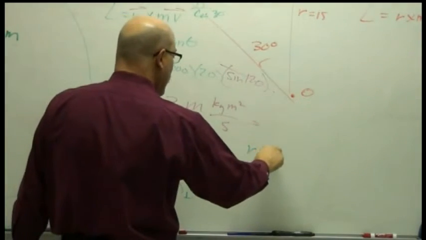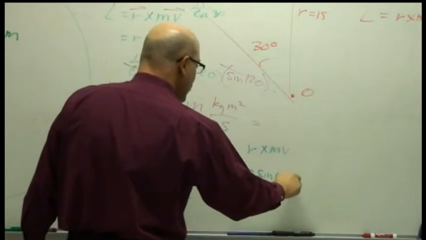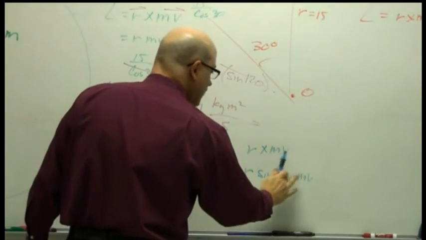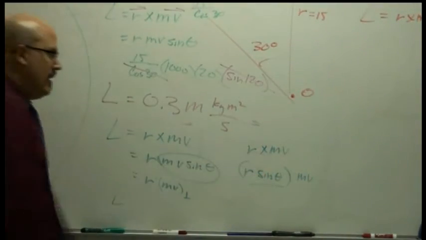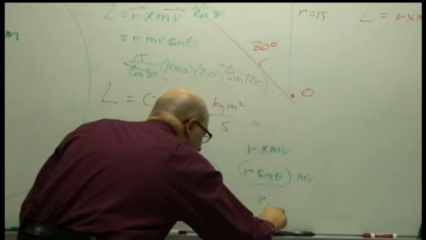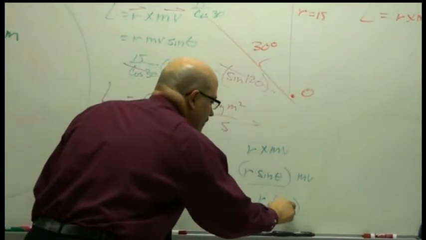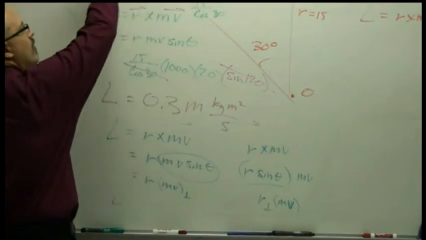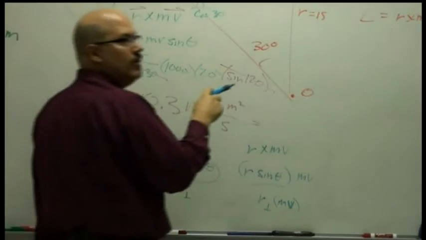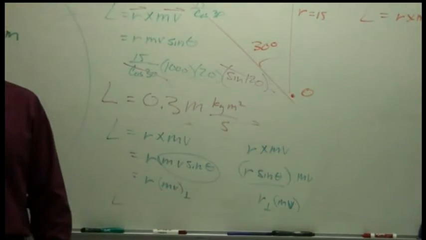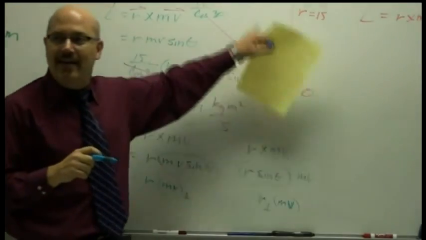Or you could do this. R cross MV is the same thing as R sine theta times MV. What's that? That's the perpendicular radius times MV. See this car moving along? Where's its perpendicular radius? At point 2. The perpendicular radius is the minimum distance between our pivot point and the path.